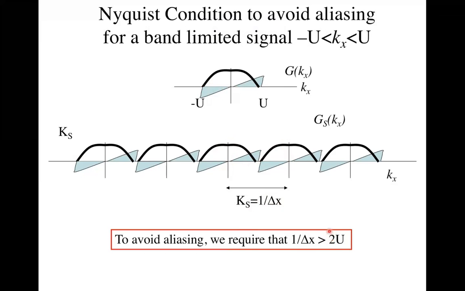And it's quite simple. Our bandwidth that we want to achieve has to be less than 1 over the sampling distance. This can be called the sampling rate. 1 over delta x can be the sampling rate, say in cycles per millimeter, and this is the bandwidth in cycles per millimeter.